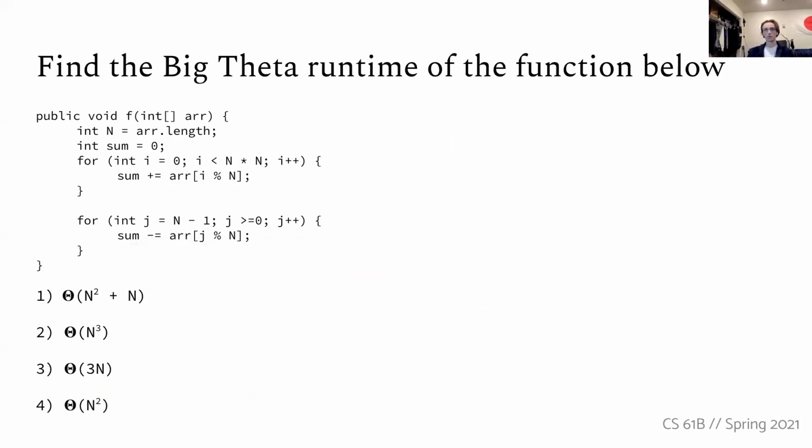Okay, here's a small example now for a big theta runtime. Given this function f, what do you think the big theta, in essence the tightest bound we can place on our function f, is? You can think about it for yourselves or talk in the chat, and feel free to ask questions if you have any.